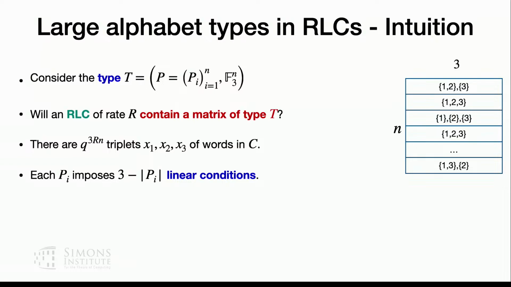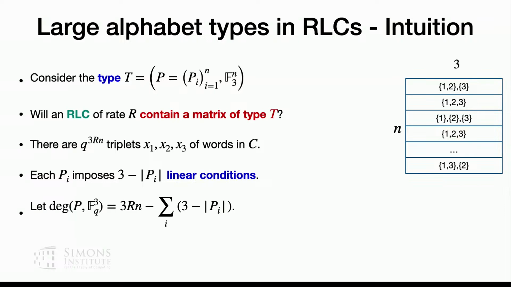Here the size of the partition itself is 3. There are 3 classes, and it doesn't pose any condition. Here there's 1 class, so it really imposes 2 linear conditions: x1 needs to equal x2, and x1 needs to equal x3 in this coordinate. And here it imposes 1 condition: x1 needs to equal x3.